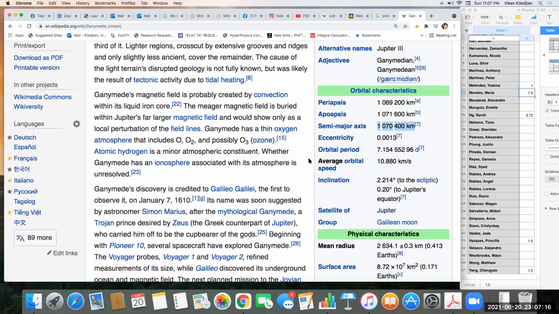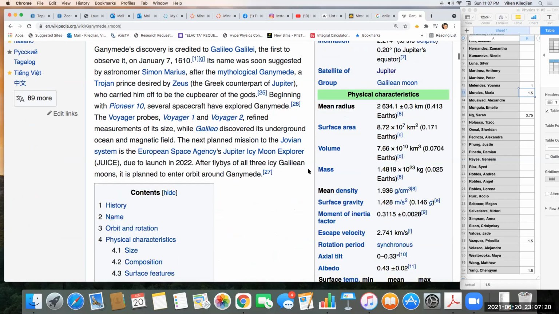And then we would have to know the mass of the moon, which is this guy right here: 1.4819 times 10 to the 23 kilograms. So then how would we do that problem?